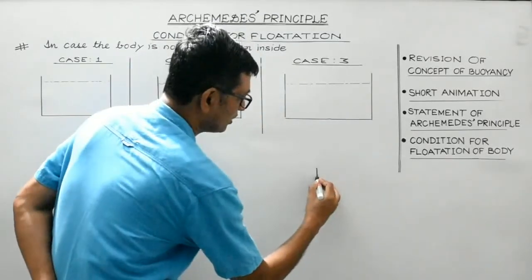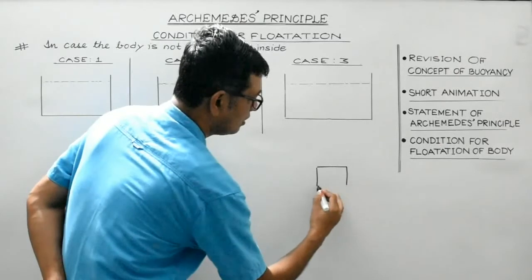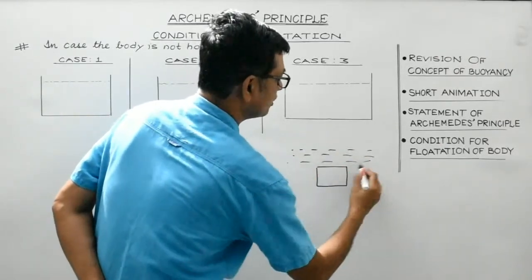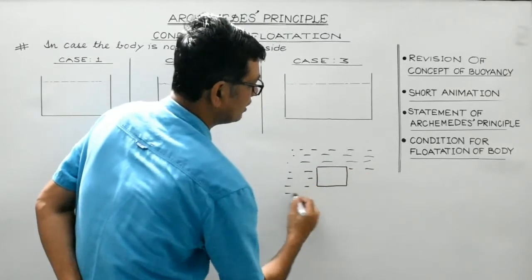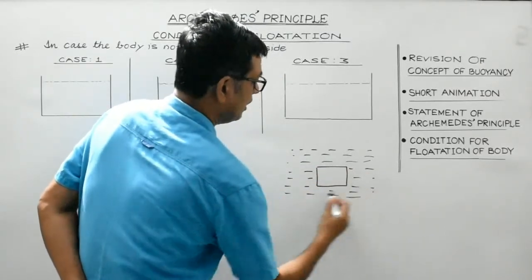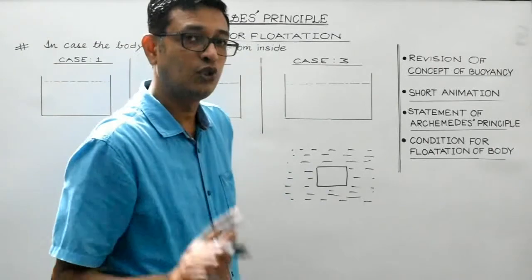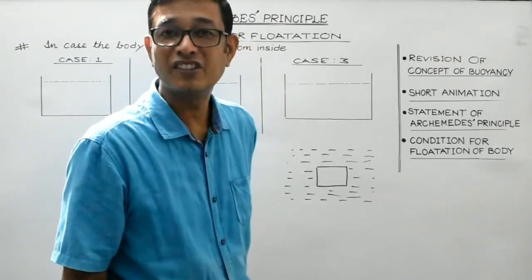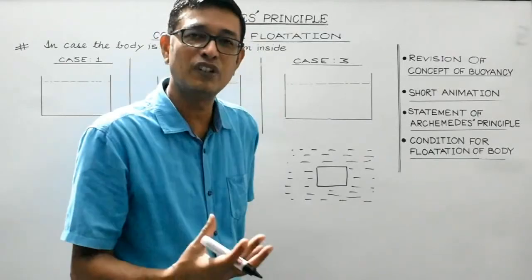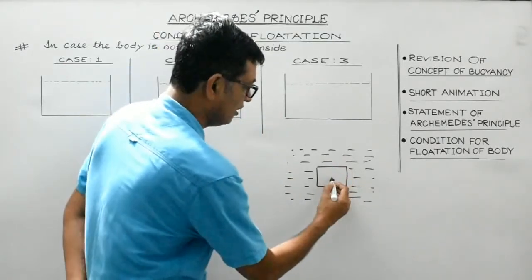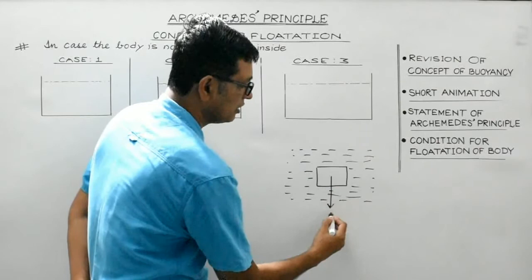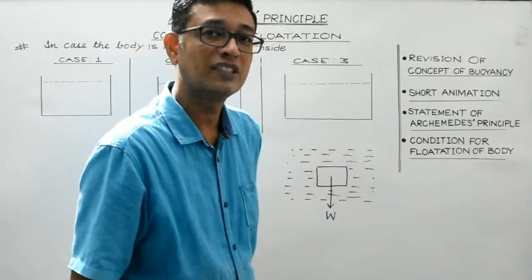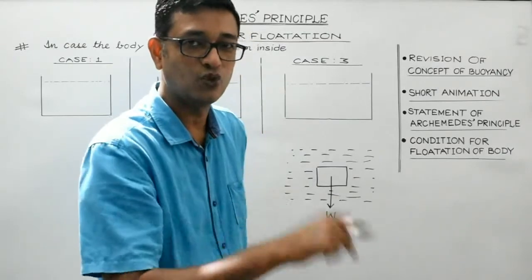Suppose this is a body and it is totally submerged inside a liquid. Now, it will be under the influence of two forces. One is the force of gravity, which is the weight of the body, which always acts in the downward direction. So, let us consider it to be W. This is the weight of the body, which is also known as the force of gravity acting downwards.